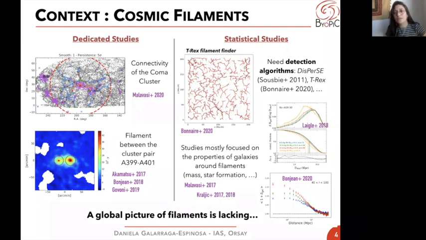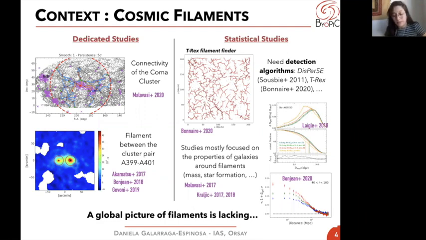Another way to approach the study of filaments is by doing statistical studies. But to do so, we first need to detect the skeleton, the filaments. For that we need algorithms to detect them from the distribution of galaxies, or the dark matter particles if we are trying to get a skeleton from the dark matter. There are a lot of detection algorithms on the market.